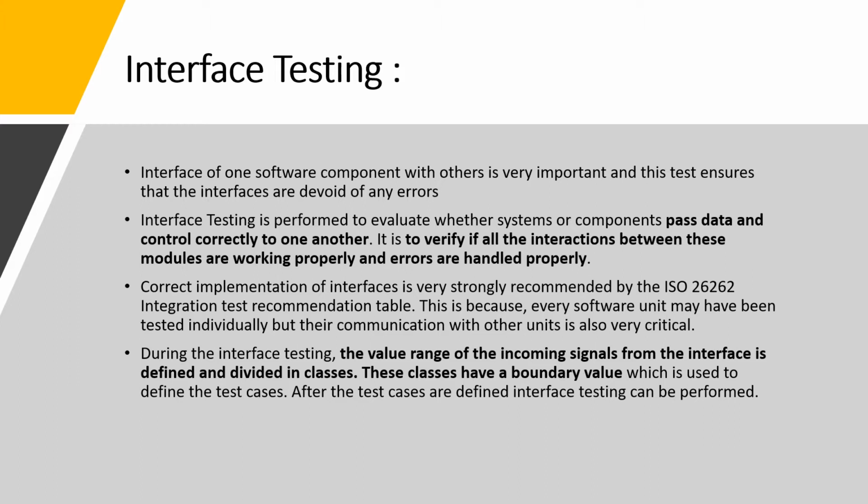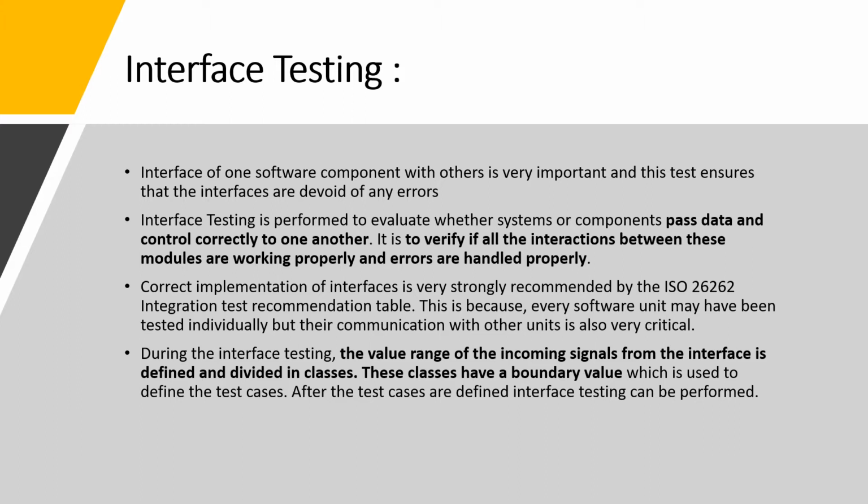Correct implementation of interfaces is very strongly recommended by the ISO 26262 integration test recommendation table. This is because every software unit may have been tested individually, but its communication with other components is also very critical.